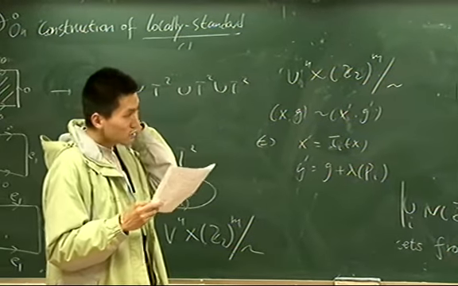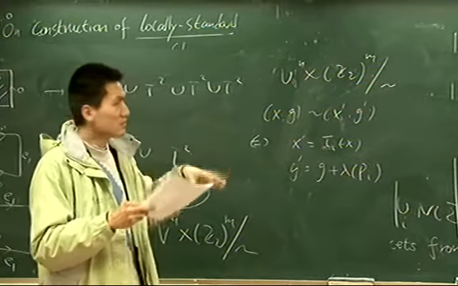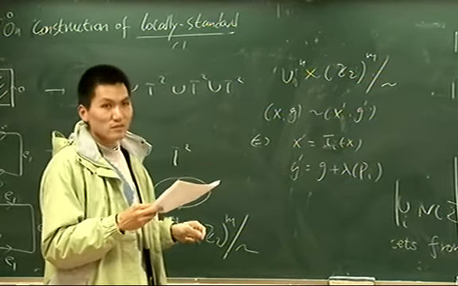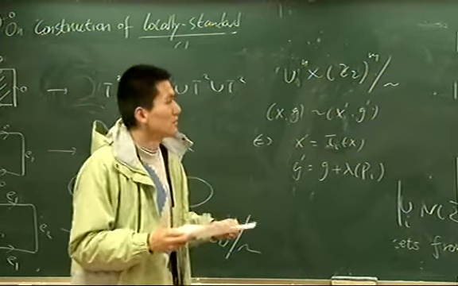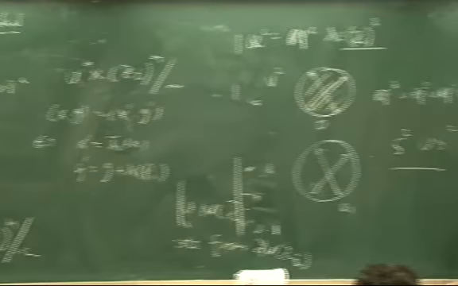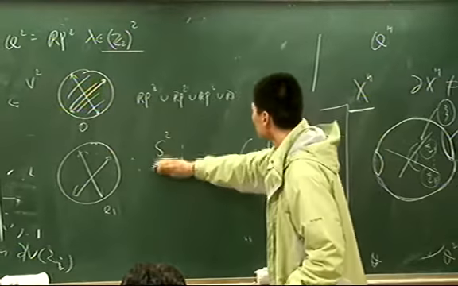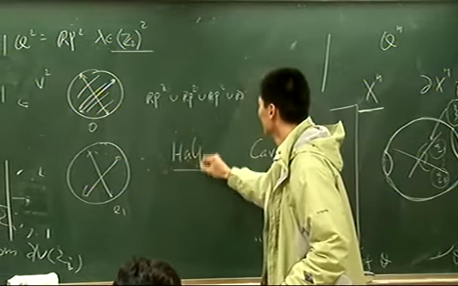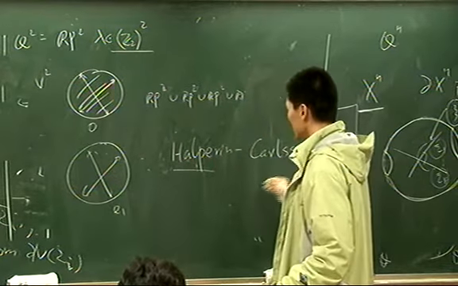The reason why I want to understand the problem in this way is that I'm quite interested in another conjecture by Carlsson. Some people call it the Halperin-Carlsson conjecture.